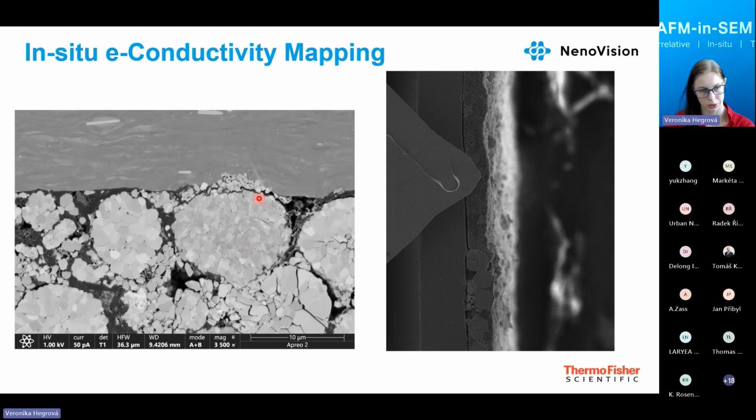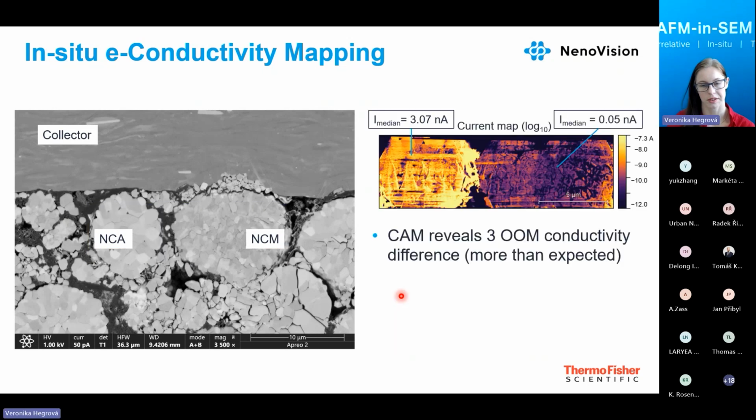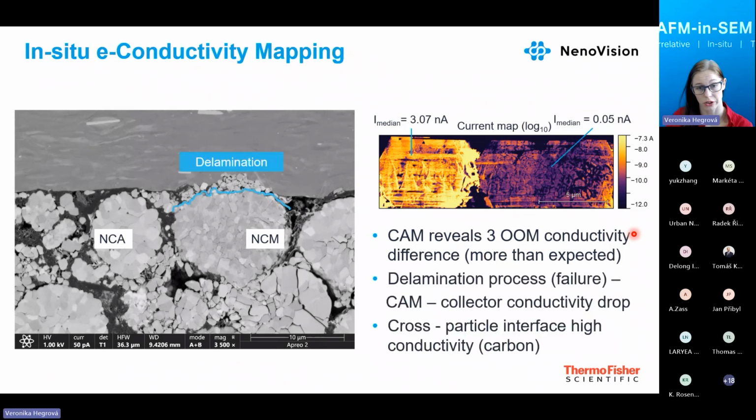If we have a closer look, we see the measured area, which was measured by EDS, so we know which one is NCA and which one NCM, and we measure the conductivity. As we see, the conductivity is quite a bit stronger on the NCA grain than on NCM, which actually reveals 3 orders of magnitude, and that's more than expected and possible from the theory.